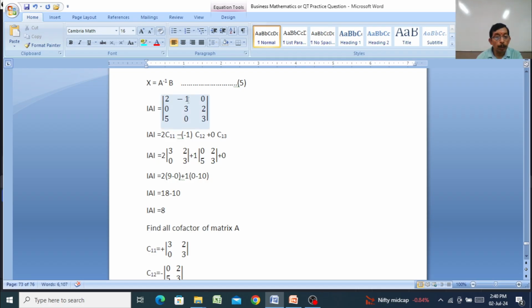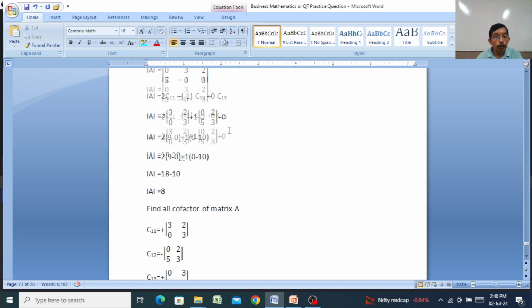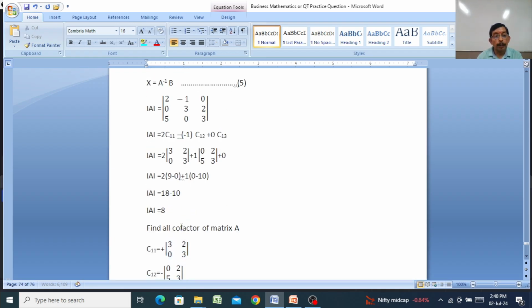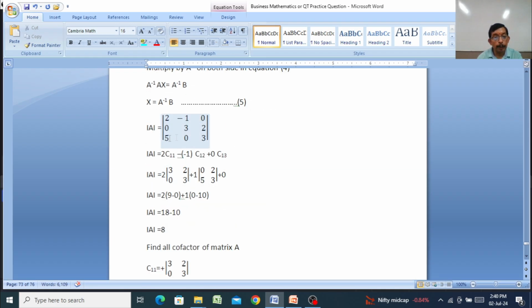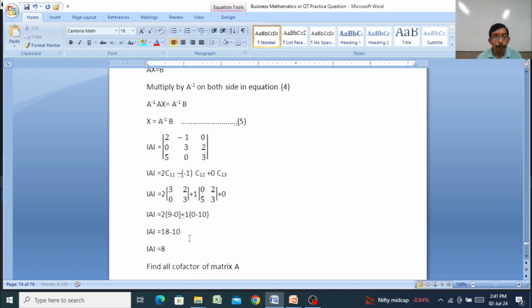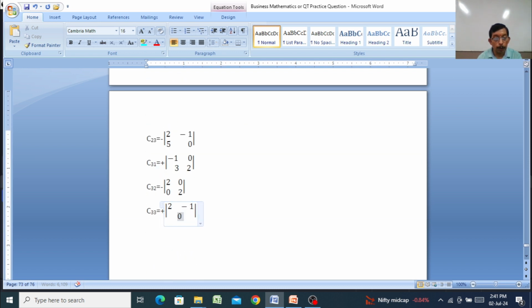C32 means third row, second column element cancel out, and the remaining are 2, 0, 0, 2. C33, third row, third column element cancel out, 2, minus 1, 0, 3.